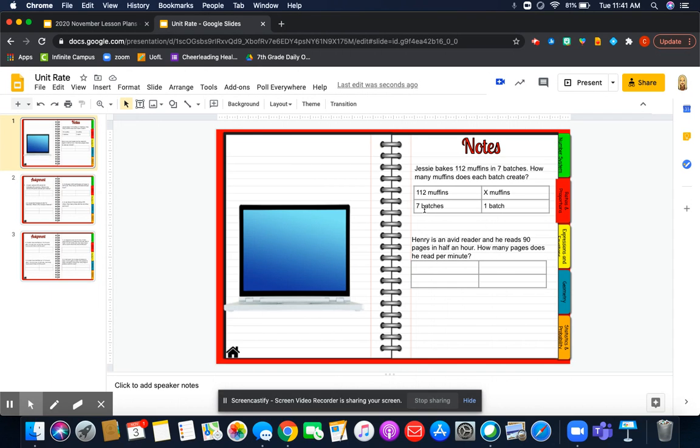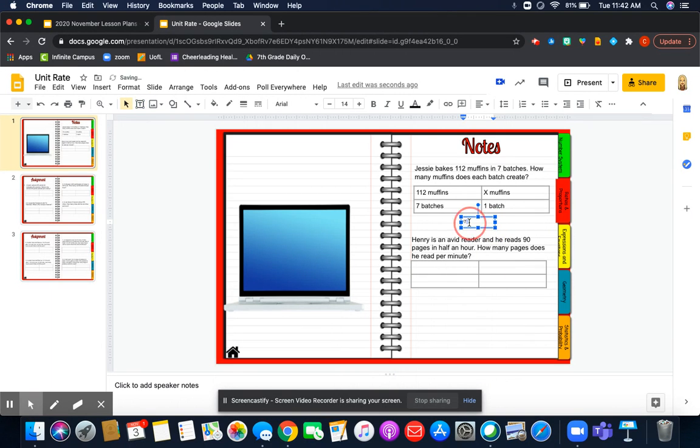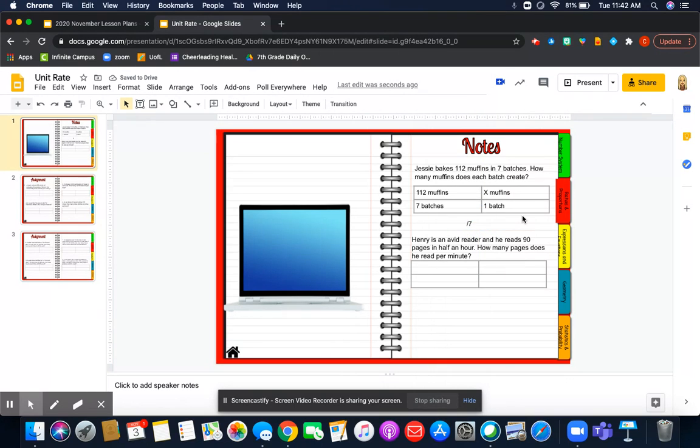And now it's kind of the process where we can look at which different ways we're solving these. So I know to go from 7 to 1, I divide by 7. So in order to do that, I know I'm dividing by 7 down here. So I divided by 7, so I need to do the same thing to the top.